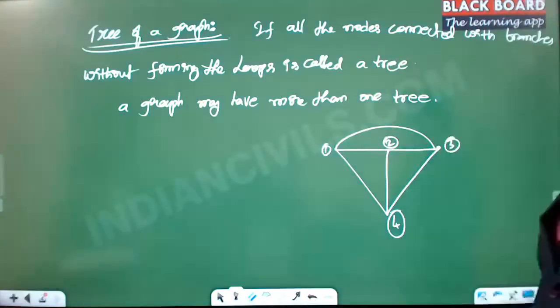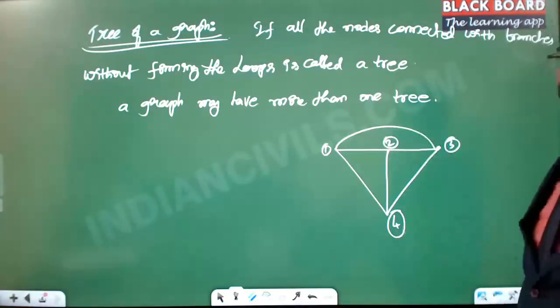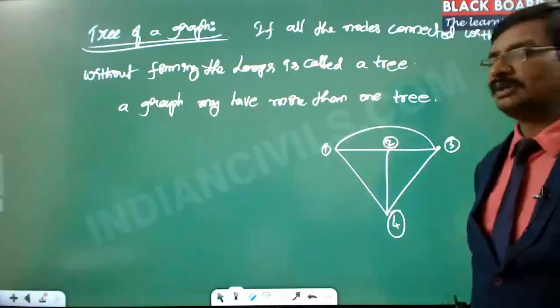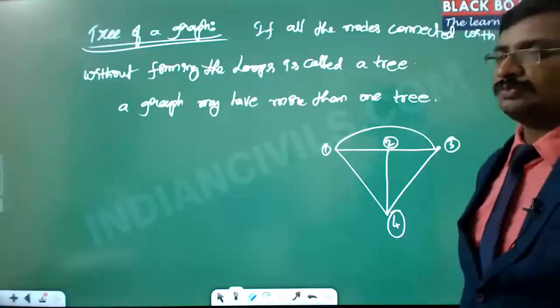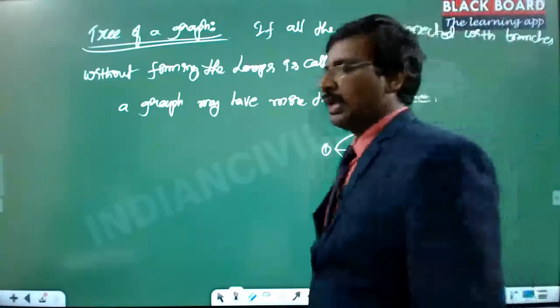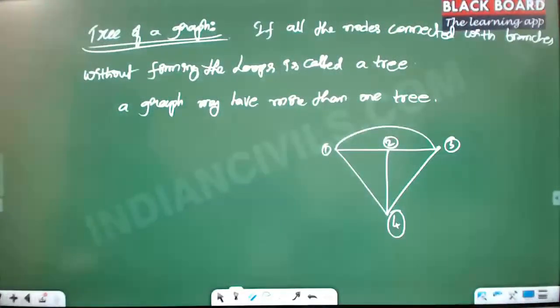Every node has to be connected, that is the condition. How many such trees can we form for this? Can you try to guess? There shouldn't be any closed loop and every node has to be connected. It will be a subgraph, obviously. 3. Any other answer?